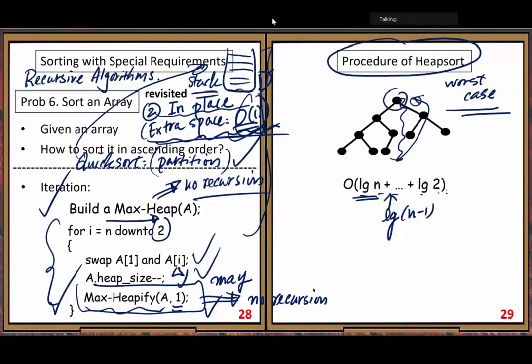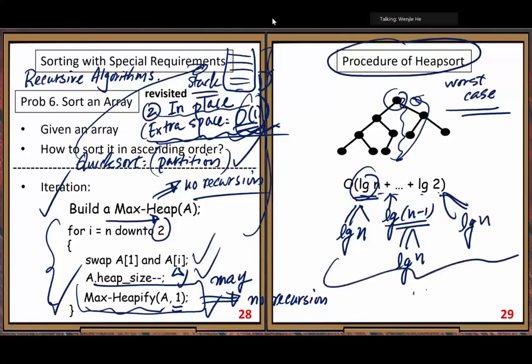Then each term is bounded by log base 2 of n. The second term also bounded by log base 2 of n, and so on. The last term bounded by log base 2 of n.